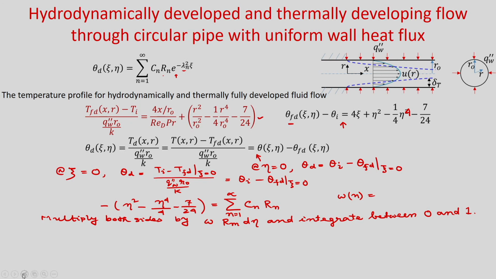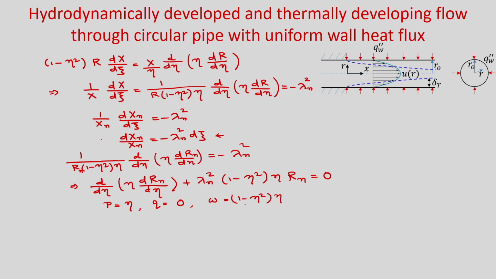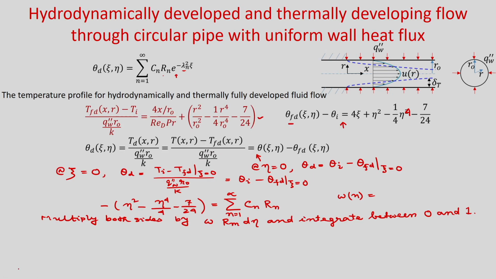What is this? You can see here, it is 1 minus eta squared into eta. So if you multiply and integrate it, you will get w R_m d eta from 0 to 1.